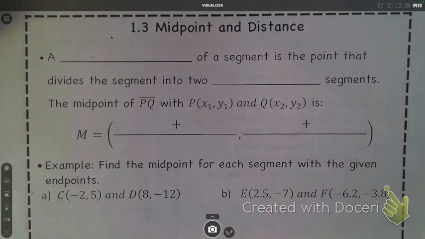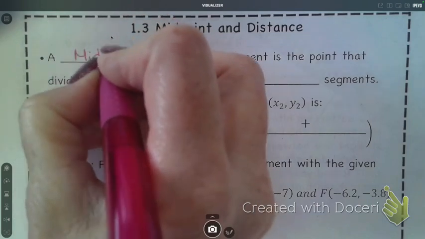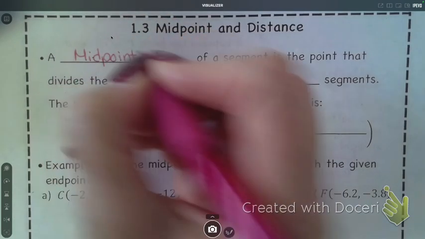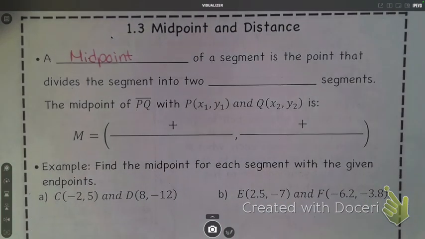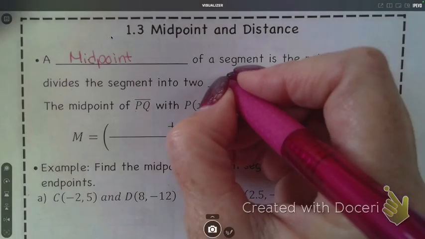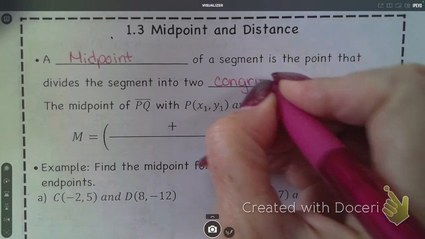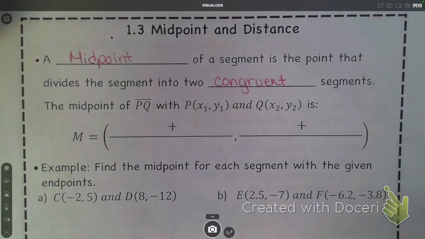Got me? Okay, so a blank of a segment is the point that divides the segment into blank segments. So it's a midpoint of a segment is the point that divides the segment into two congruent segments.